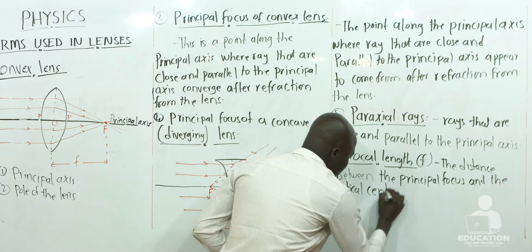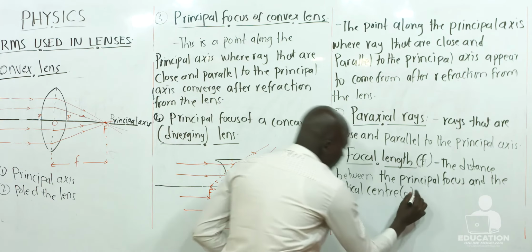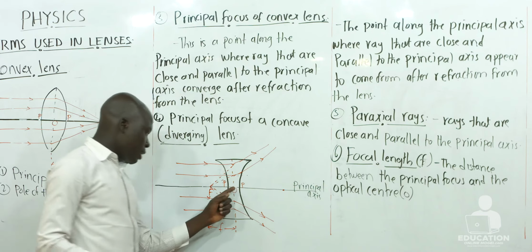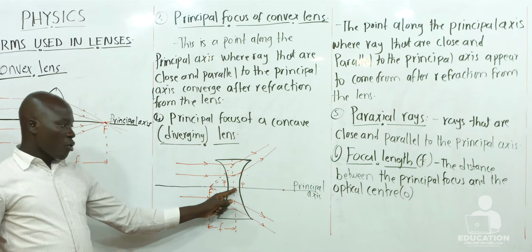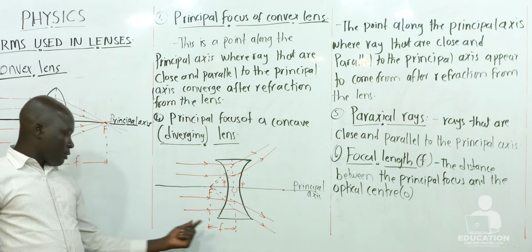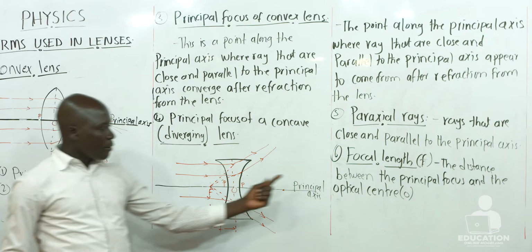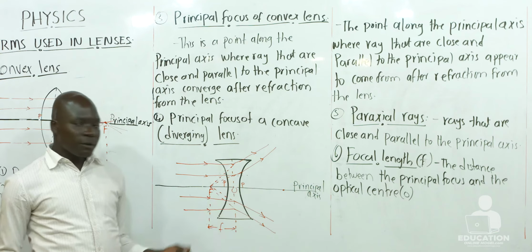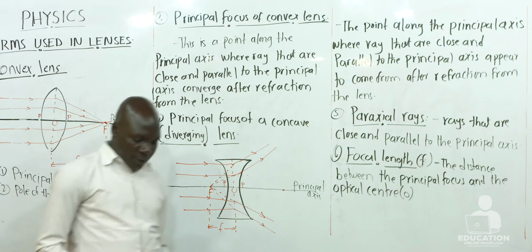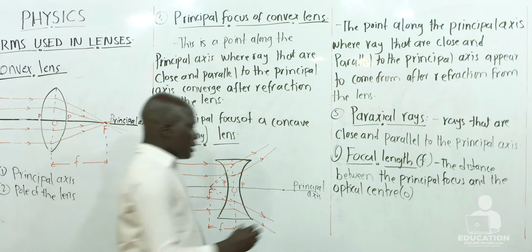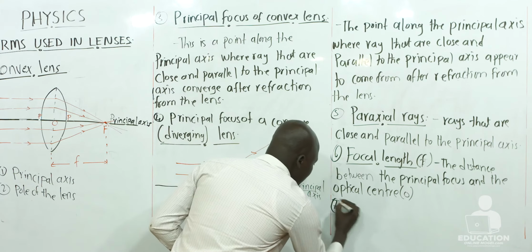The optical center, we denote it with the letter O. Looking at this diagram, this distance is what we call the focal length. Then the next term is called aperture.